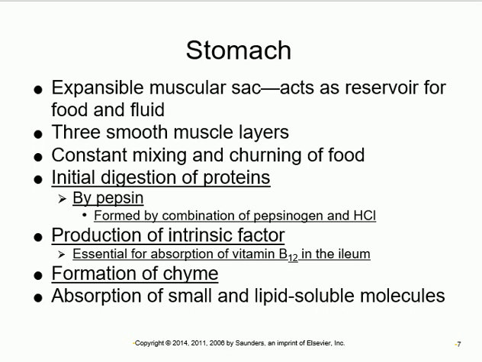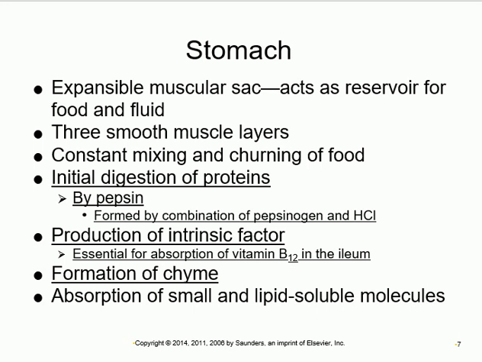So all enzymes are secreted in an inactive form. If it is secreted active, it will break down the organ that produces it. Know what I mean? So the stomach produces it. If it is pepsin, it's going to digest the stomach itself. You don't do that. You produce it in the inactive form, which is pepsinogen.